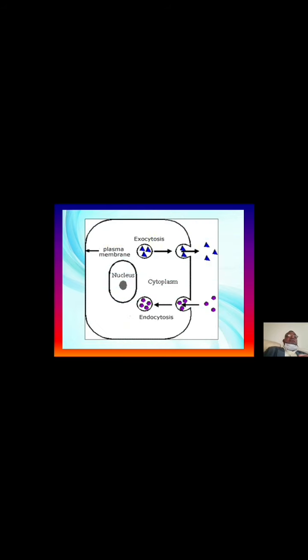And next is how exocytosis and endocytosis take place. This is the cell, and this is the plasma membrane, and these are molecules coming inside the cell through the endocytosis process, and through exocytosis the molecules present inside the cell go outside the cell.